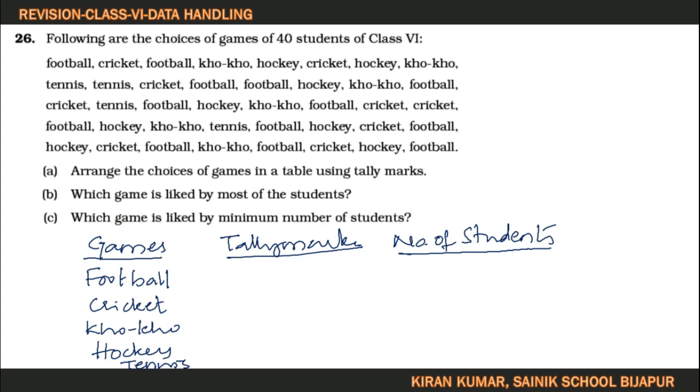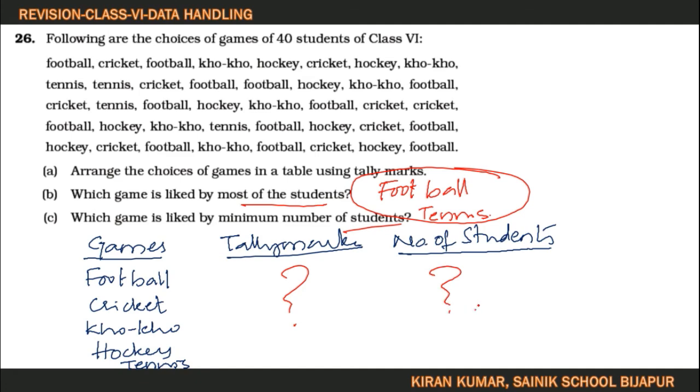I want you to solve this. I'll just mention here: probably you'll get football as the maximum number, and probably tennis as the minimum number. I want you to cross-check. So this you need to fill up.